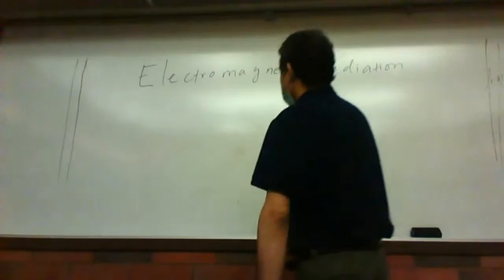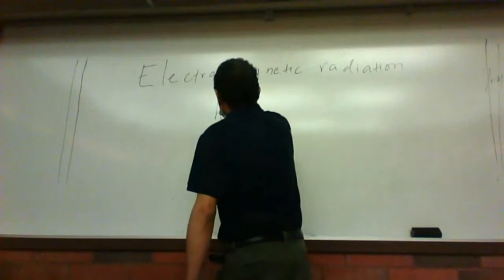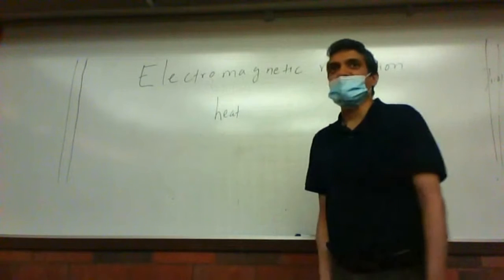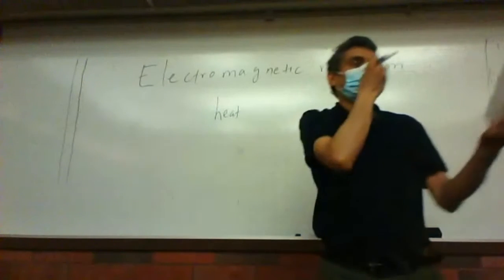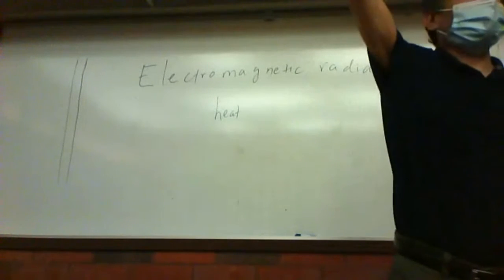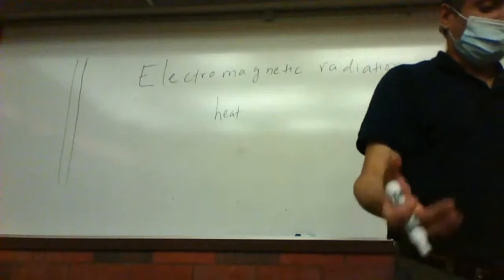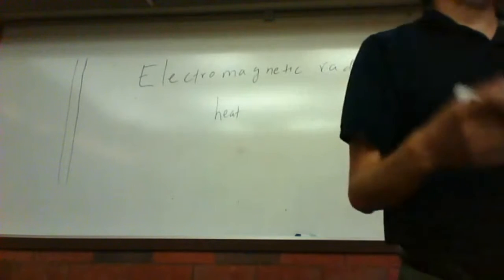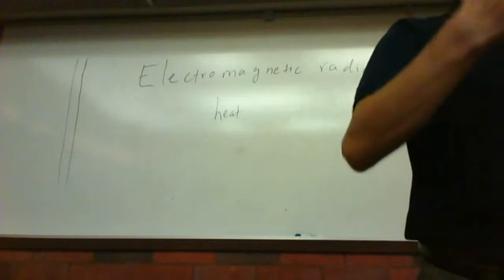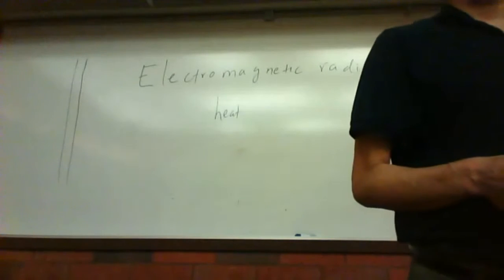For example, heat. If you are heating, it is a kind of electromagnetic radiation. The sun is giving us heat, right? The sun is up there, and this is giving heat. So how does the heat come from the sun to us? It's a kind of wave. So that is called electromagnetic radiation.